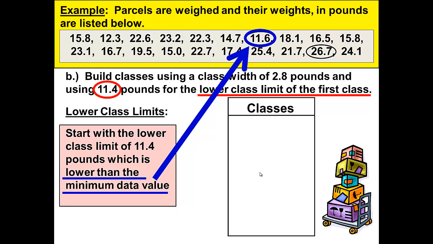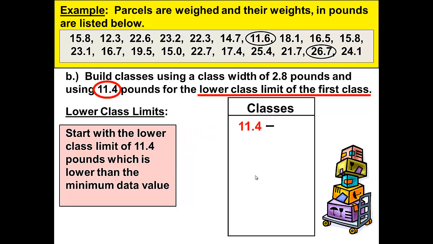So we're following directions and it is below the number. The other key here is that it has the same number of decimal places as our data, which is also important. So we have all of the pieces of information to tell us that this is a good place to start. So we'll add that as our first lower class limit.